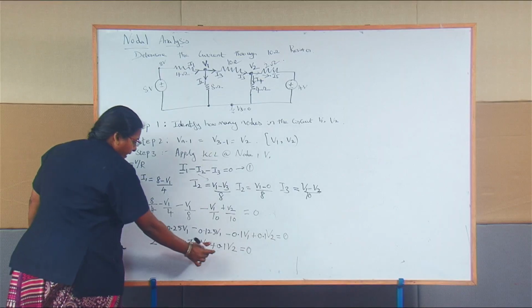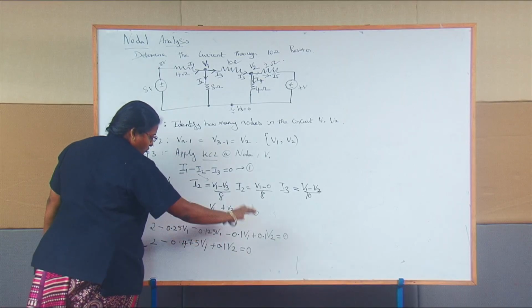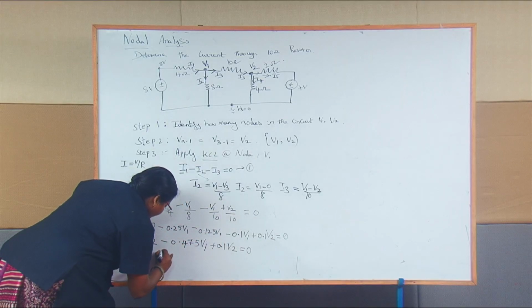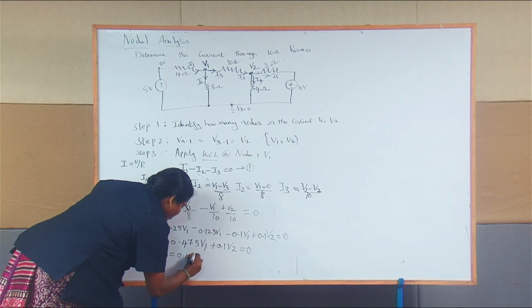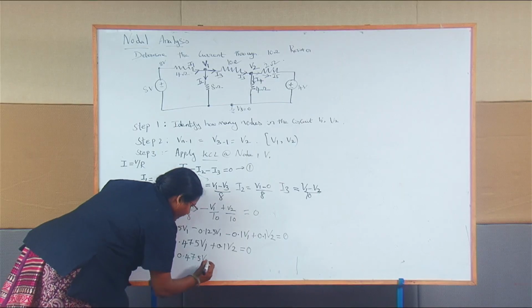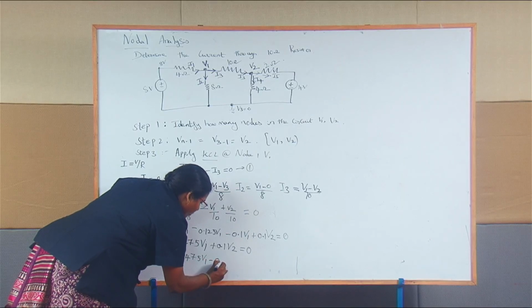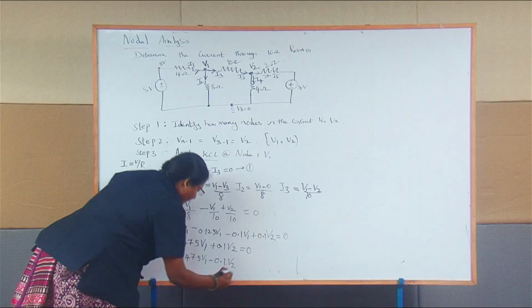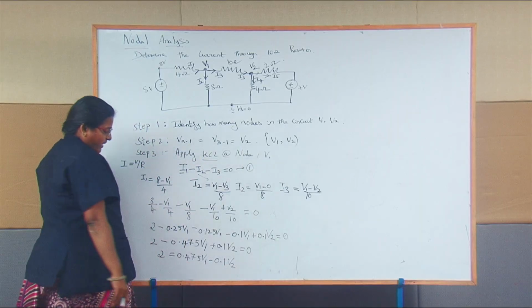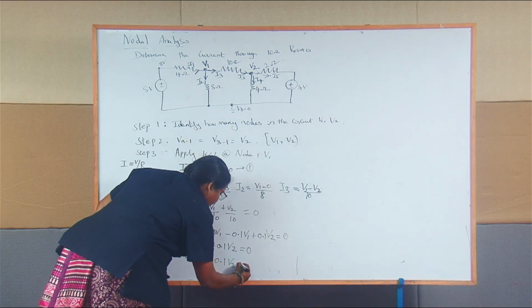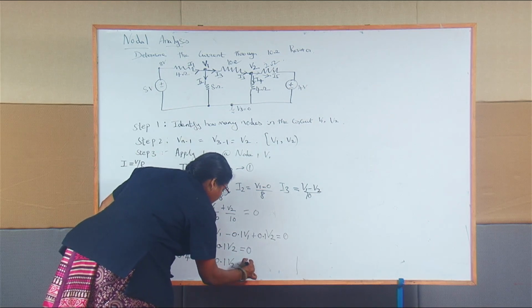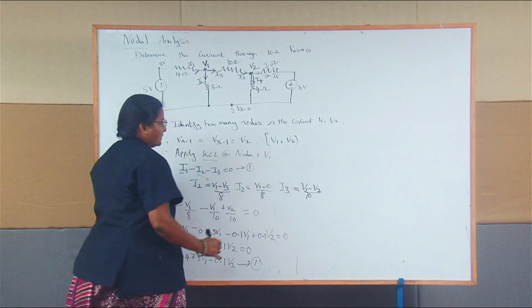So, I am going to take this value to the left hand side. So, it will become 2 equal to 0.475 V1 minus 0.1 V2. So, this is equation 1.